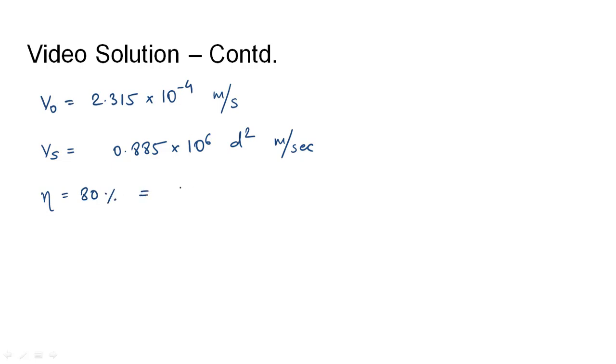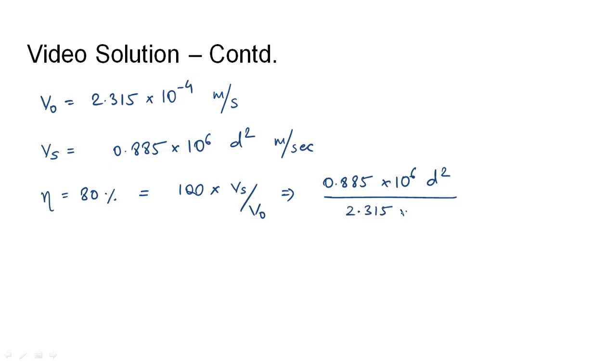So efficiency is nothing but 100 times Vs over V naught. Here Vs is 0.885 times 10 to the power 6 diameter square divided by 2.315 times 10 to the power minus 4, times 100, equals 80. This would give us d square as 2.092 times 10 to the power minus 10.